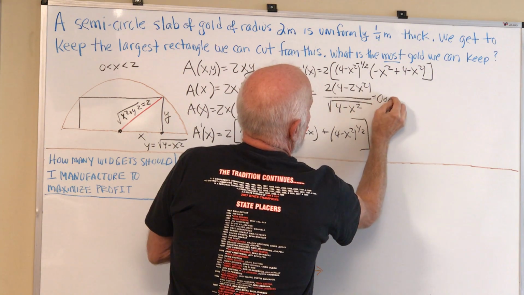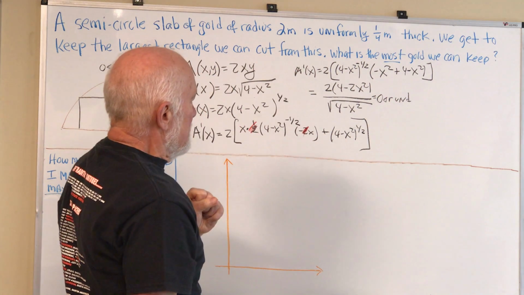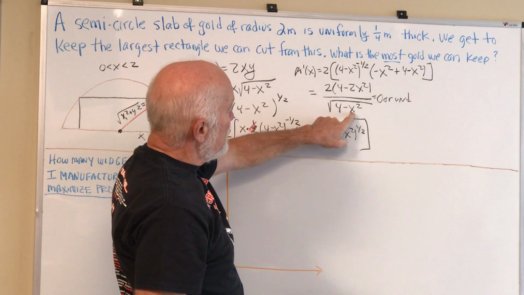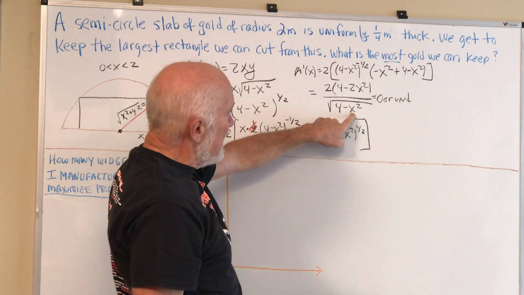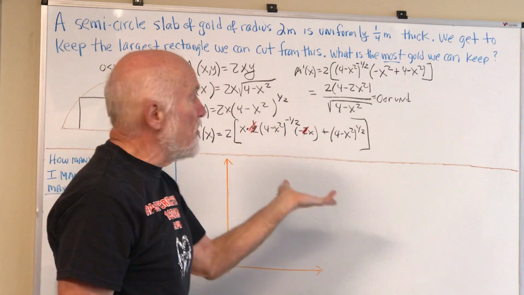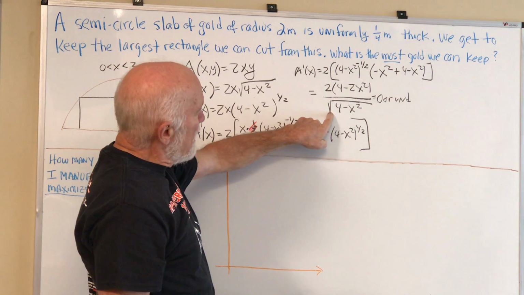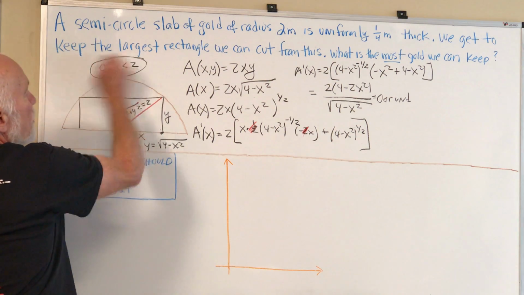And where is that 0 or undefined? Well, it's going to be undefined at any values of x that are greater than or equal to 2 or less than or equal to negative 2, because I can't divide by 0 and I can't have square roots of negative numbers. But luckily our domain avoids any of that.